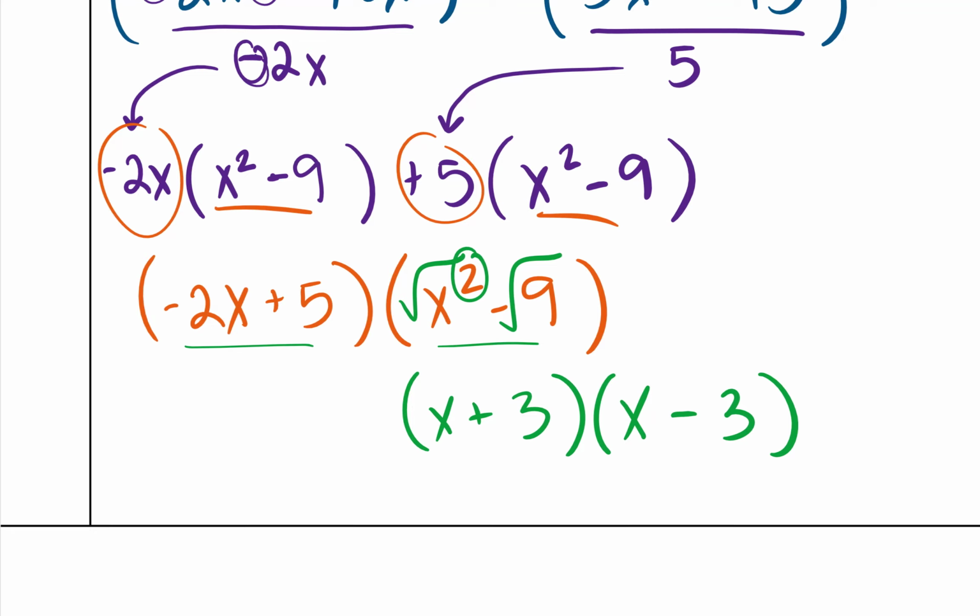You want to keep going, you can. My point is, when you see an x squared minus a square, then you've got to keep going one more. But it's really easy. You just take the square root of the number and you split it up, plus and minus. That's it. And then of course you can't forget that because I didn't change this one, I still have it.